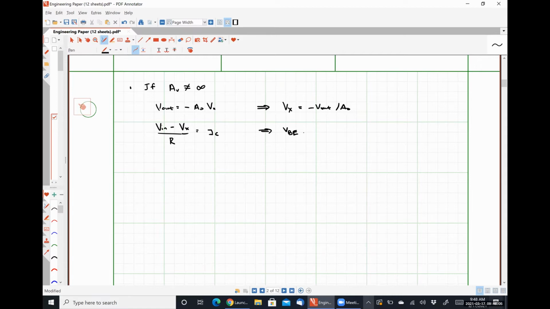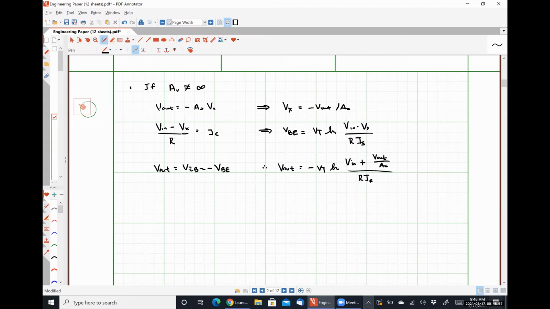Again, our base emitter voltage is then Vt natural log of IC over Is, which gives us Vn minus Vx over R Is, and recognizing that Vout is equal to VEB is equal to negative VBE, we get Vout is equal to negative VT natural log Vn plus Vout over our open loop gain divided by R multiplied by Is.